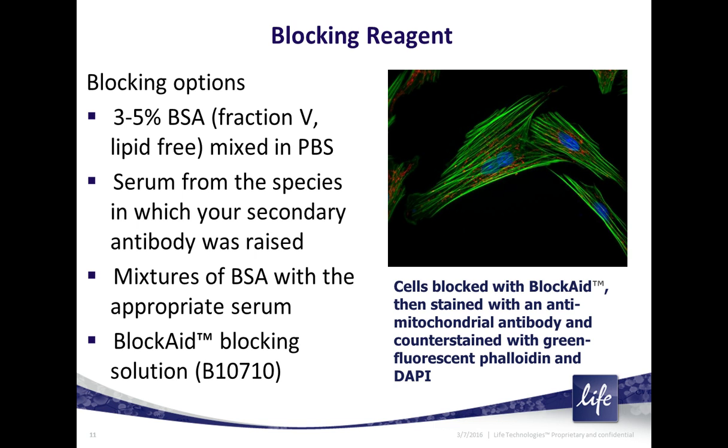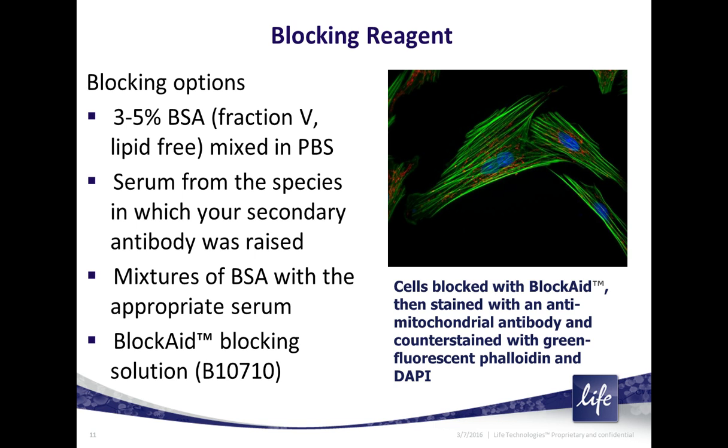Now, there's a lot of different blocking reagents out there. Some are commercial. Very commonly, people will use serum from the species in which their secondary is raised. For instance, if you have a goat secondary antibody, you'll use normal goat serum. I recommend between 5 and 10% normal goat serum or other serum.